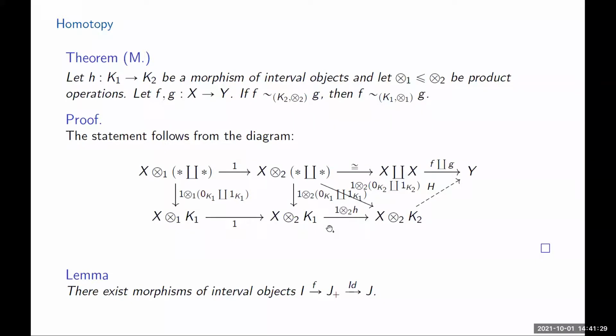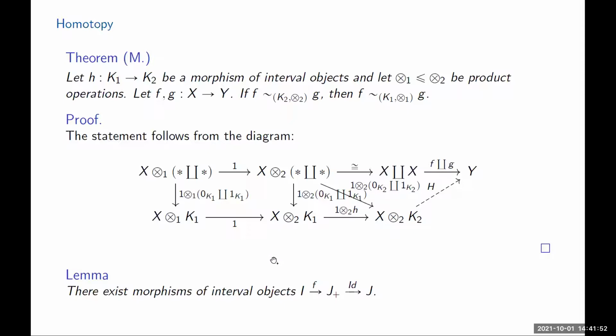And you also have a map between the intervals K1 and K2, this H. So you can just pull back all these maps from this cylinder to this cylinder. And then you get that if F and G were K2 tensor 2 homotopic, they would also be K1 tensor 1 homotopic.